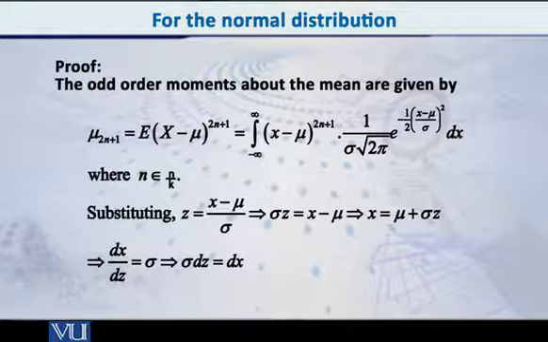But if it is this, then it is equal to the expected value of x minus mu whole raised to 2n plus 1. Obviously, क्योंकि अगर subscript r हो, rth moment, तो हम यही लिखते हैं ना कि it is the expected value of x minus mu whole raised to r.